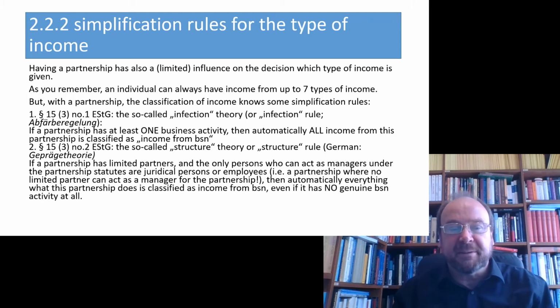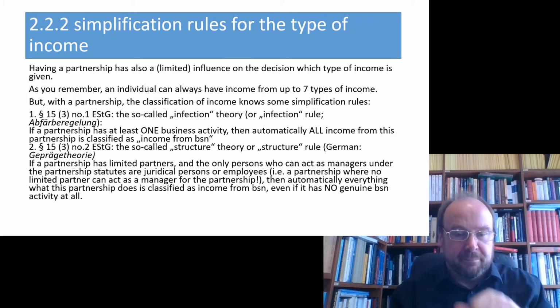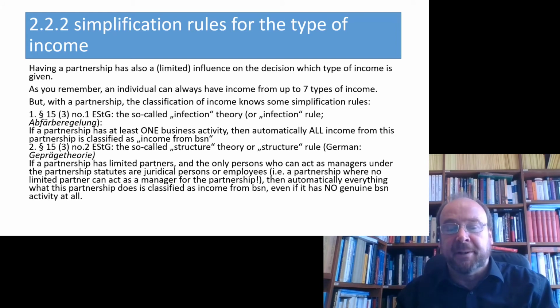You can put it plain and simple: if a partnership has limited partners, so if it's usually a KG or another form of a limited partnership, and the only persons who are allowed to run the business as managers are juridical persons, so the GmbH, for example, or employed persons, then automatically everything this partnership does is classified as income from business, even if it has no genuine business activity at all.